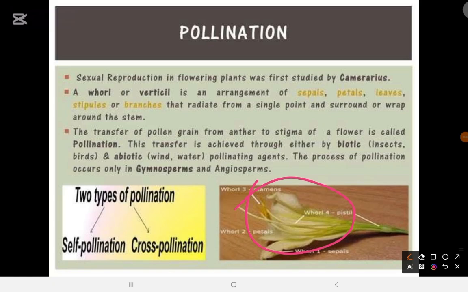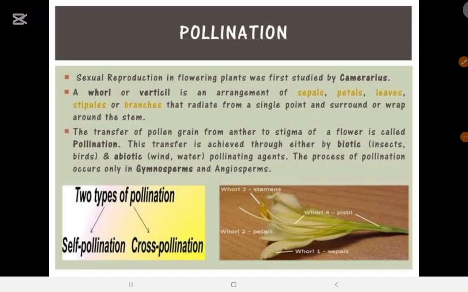Now, the process of pollination is basically the transfer of pollen grains from the anther to the stigma of a flower. This process can be achieved through biotic means or abiotic means.